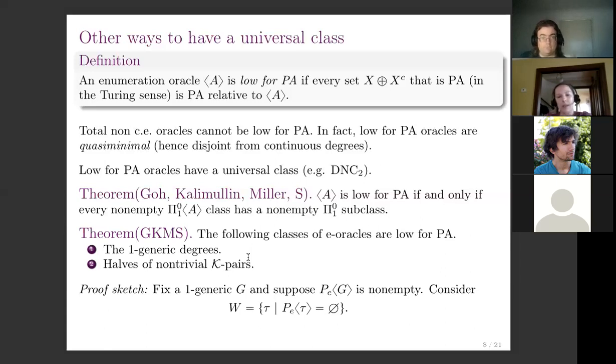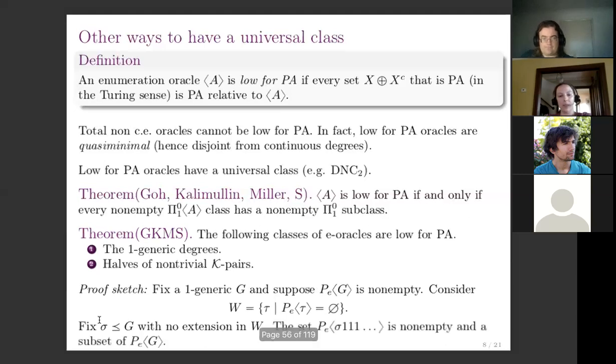Well, G can't meet this set, it has to avoid it, so there will be some finite initial segment sigma of G that has no extension in W. So no matter how we extend sigma, we can't ever make the e-th class relative to that extension empty.